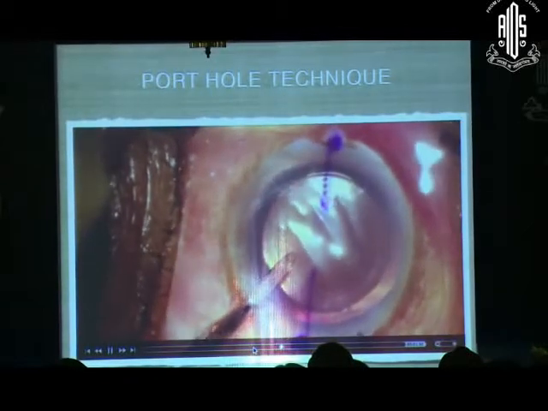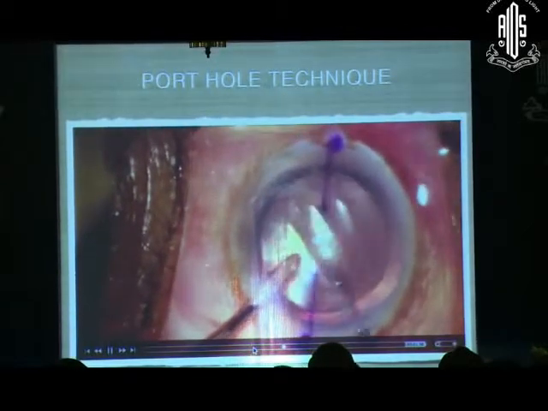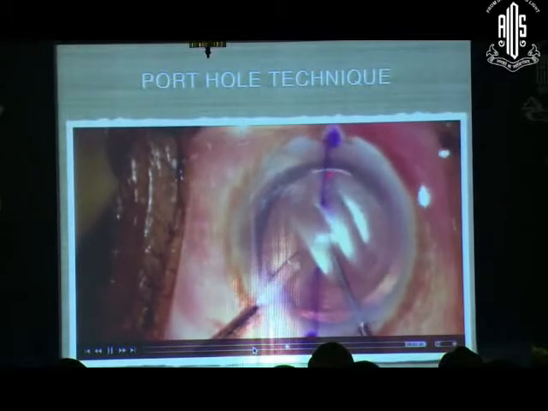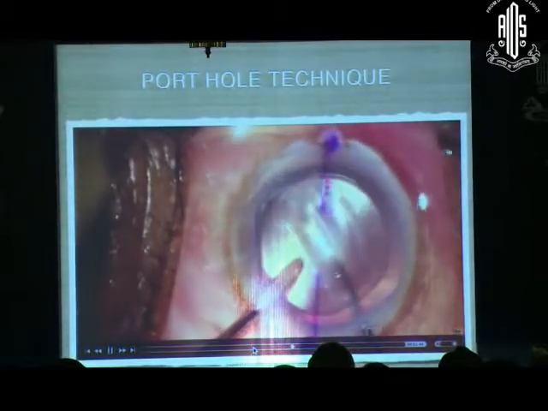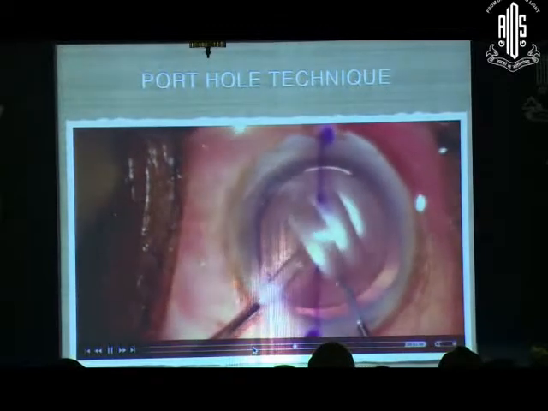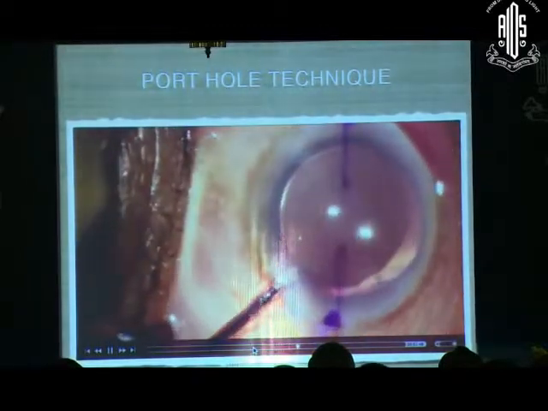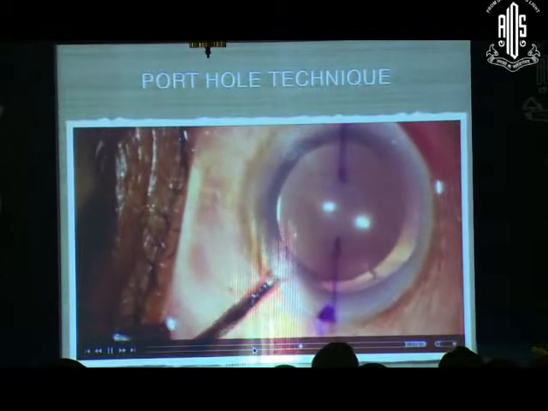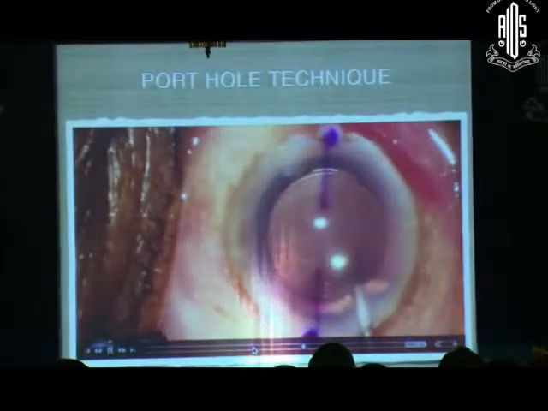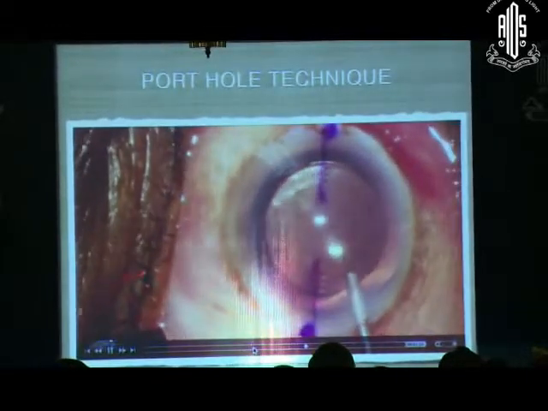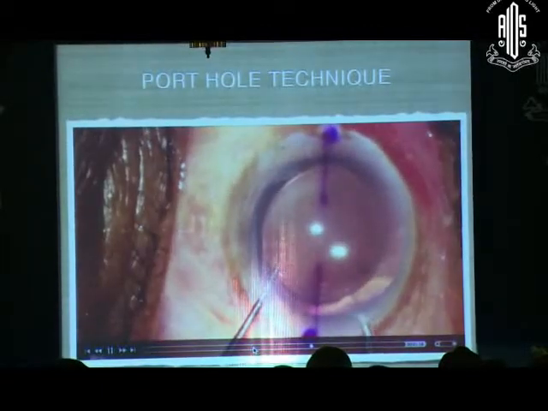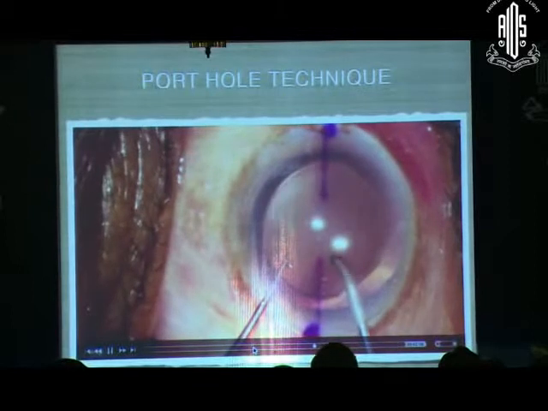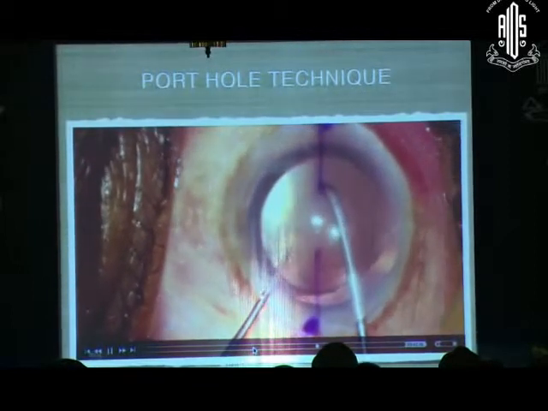So I use that radio frequency probe to make very small marks, holes in the anterior capsule on the outermost toric mark, one here and one here, so that in the post-operative period, as soon as you dilate the pupil, you can see whether they are well aligned or not. I'll show you the post-operative photograph. See, I put OVD. This is the radio frequency capsulotomy probe, which comes with the phaco machine.